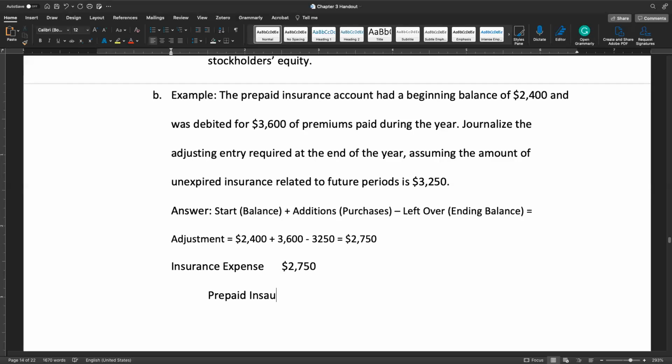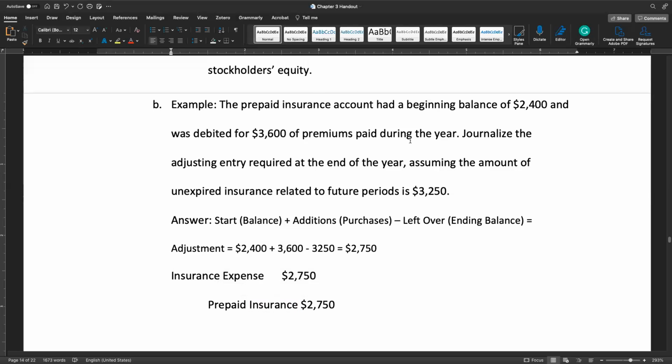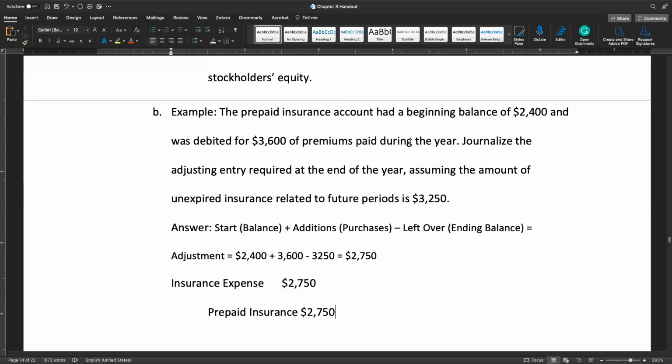Prepaid insurance, for that same amount. I spelled insurance wrong. Okay. So again, when you're reading through the problems, make sure you're looking for things that look similar to what we've talked about today in class. Okay, because a lot of them are going to be the same.